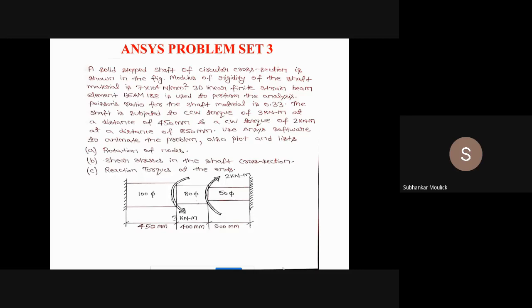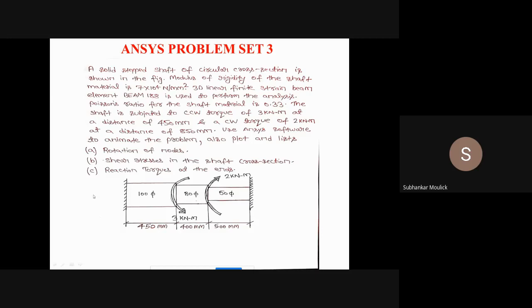So don't use the word displacement. Torque creates twisting in the body. So the body will twist. So here you can say that the nodal points will rotate. Don't say displacement. That means rotation of nodal point 1.